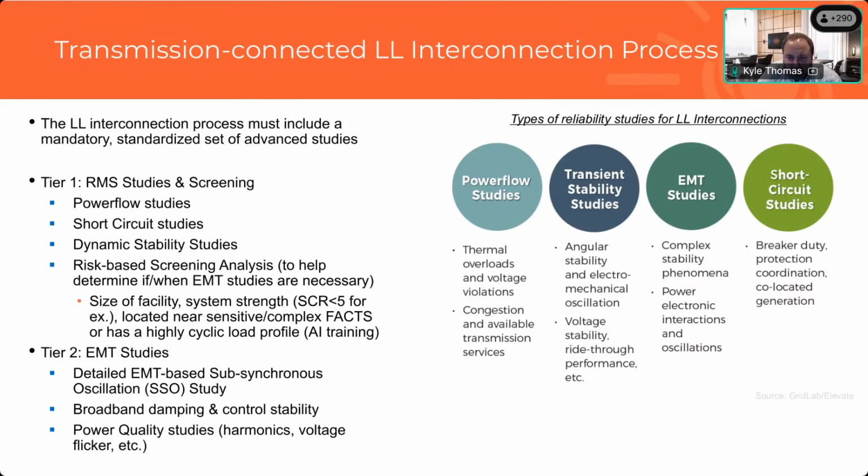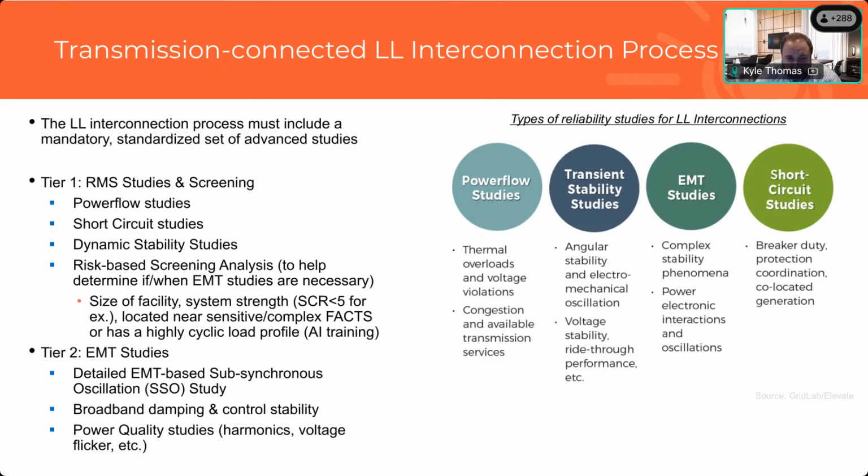screening. So looking for interconnections where, for a whole host of different criteria, such as the size of the large load facility, the system strength in that region, and its proximity to sensitive, complex equipment like FACTS devices, HVAC systems, maybe even other critical customers or critical pockets of large load facilities or IBRs.